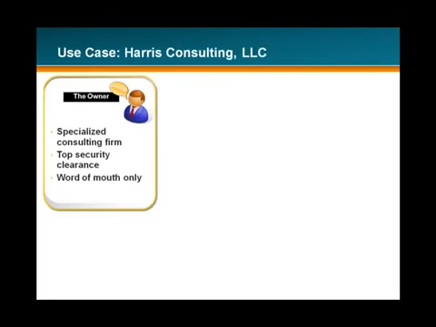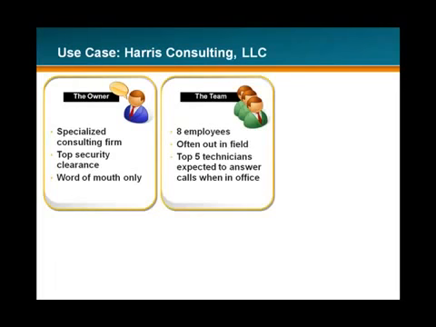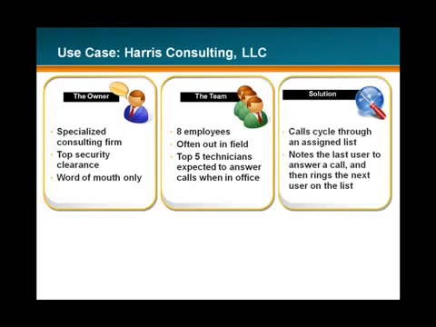Our next use case is Harris Consulting, a small but very specialized consulting firm. Out of the 8 employees, about half are the top experts, and the owner, Mr. Harris, would like to ensure that they are the ones to answer the incoming calls, which are typically from one of his existing customers. In this case, incoming calls always start with the person who follows the last person to receive a call in the assigned list.